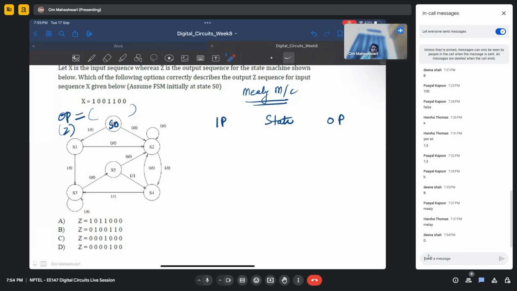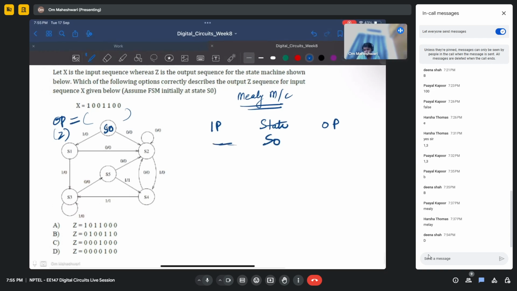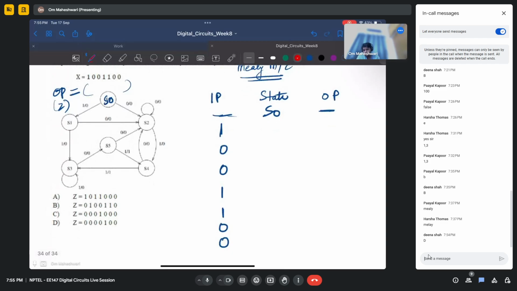Yeah, option D is correct. So let's see. Start with S0. Your inputs are 1, 0, 0, 1, 1, 0, 0. You started with S0, when 1 came, you go to S1, your output is 0.